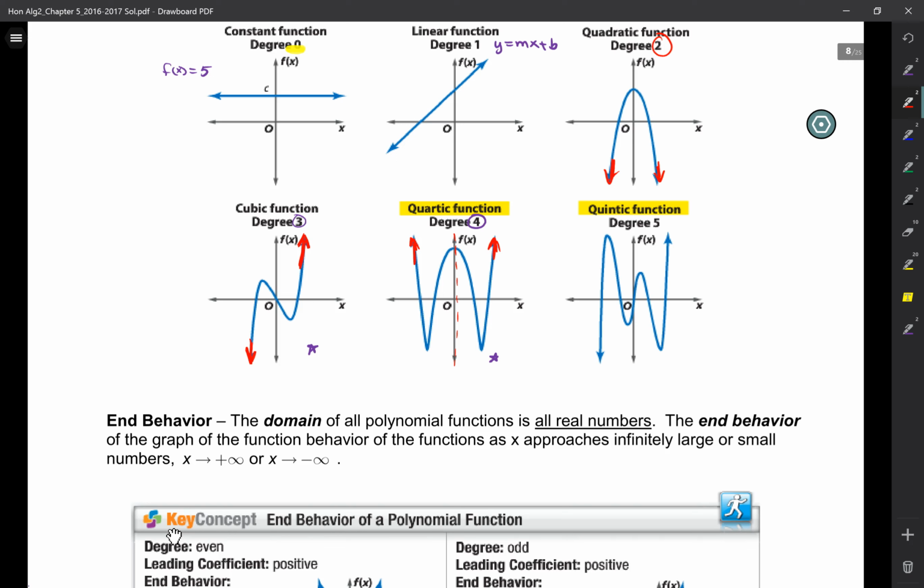So, also, the degree tells you the number of possible solutions to an equation, right? If the degree is 1, it's only possible for it to cross the x-axis once. So one solution. If the degree is 2, the maximum it could touch the x-axis is 2. If the degree is 4, the maximum it could touch the x-axis is 4. So 4 solutions. All right?